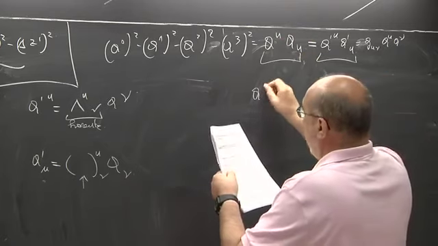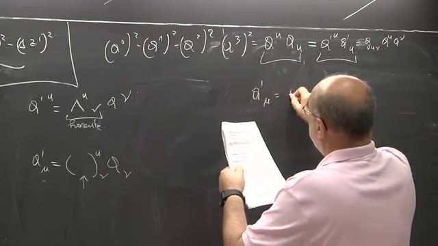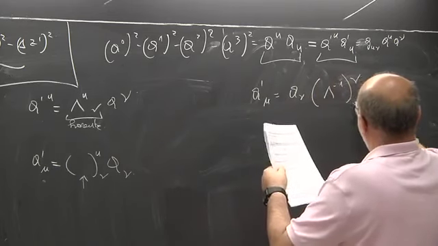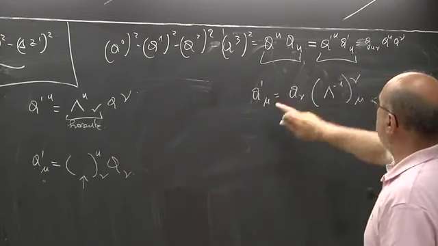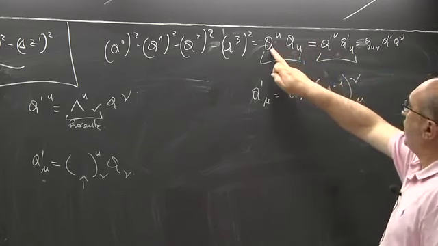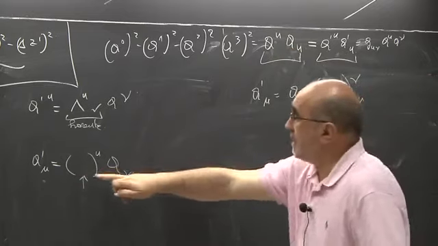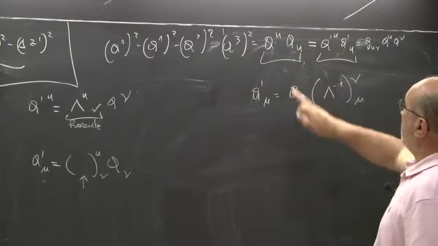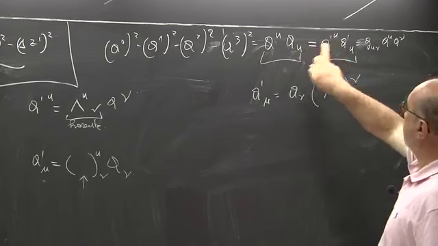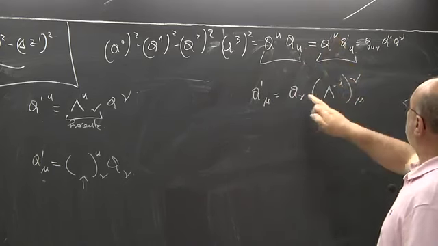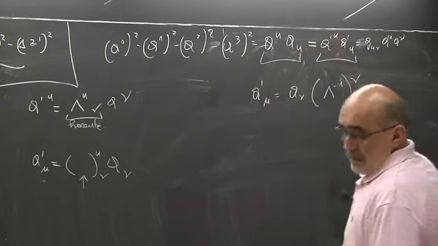So basically, A'_μ = A_ν (Λ^-1)^ν_μ. Okay? Why is it so? You know that the one with the index up transforms in this manner. So if you insert the transformation, you get then the A_μ transforming in this manner, okay?